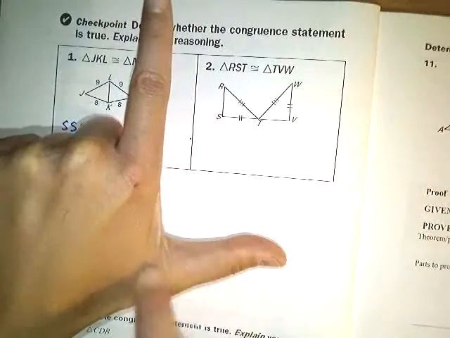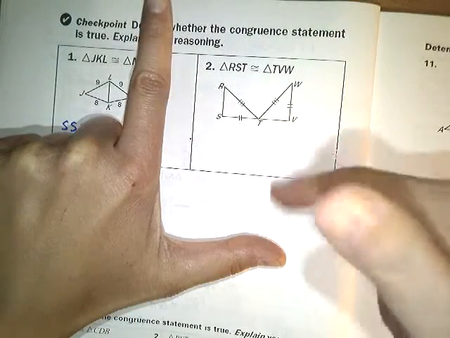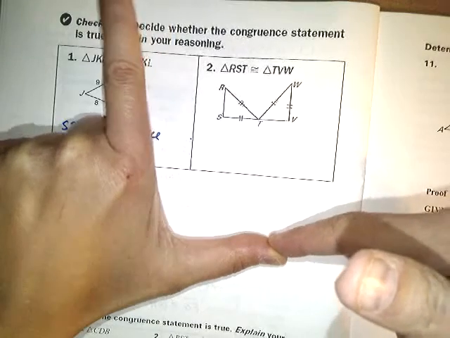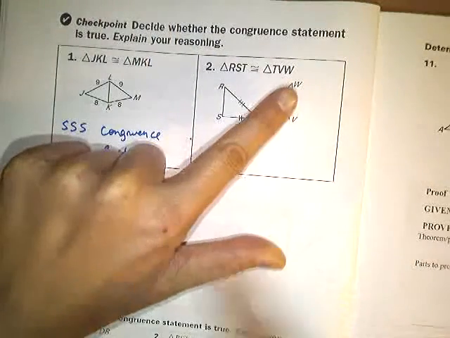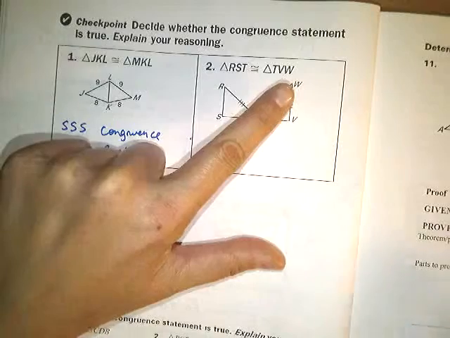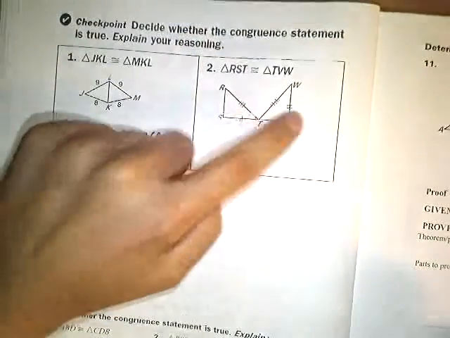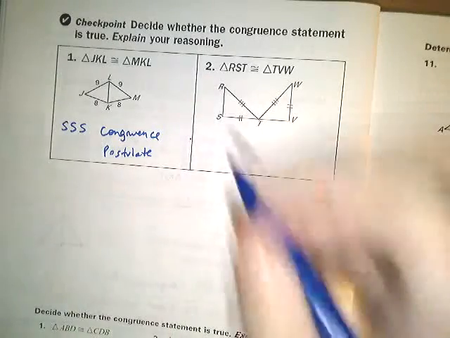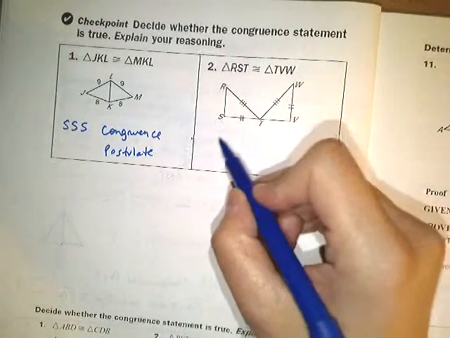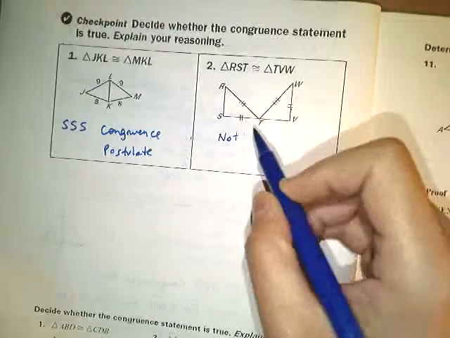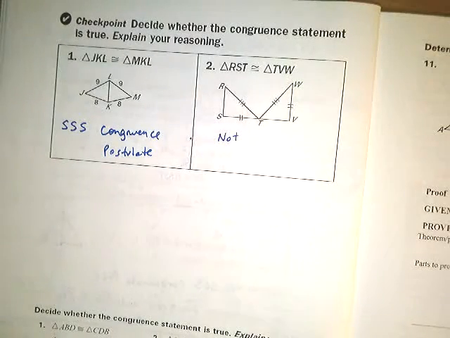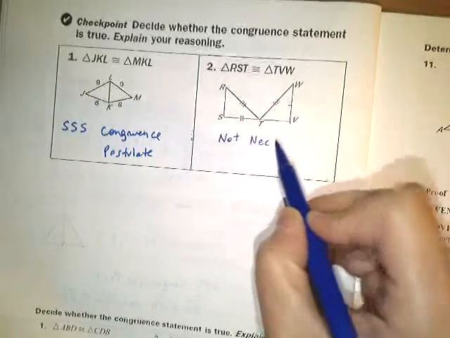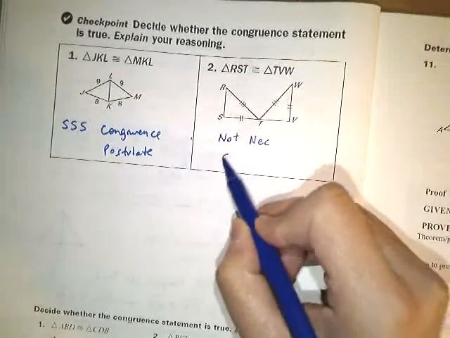So these 2 sides didn't change length at all, but the third side, therefore, did. I can make it longer, I can make it shorter, and the first 2 sides are the same. So just because you have 2 pairs of sides that are the same on 2 different triangles doesn't mean the third side would have to be. So I would say that this is a pair of triangles that I could not prove. I'm going to say not necessarily congruent.